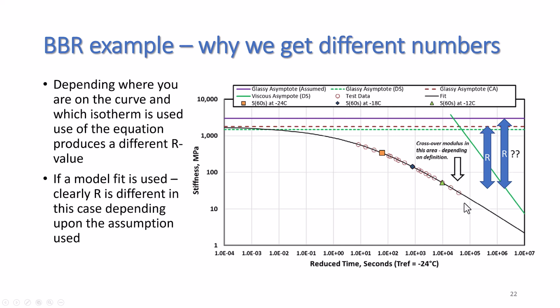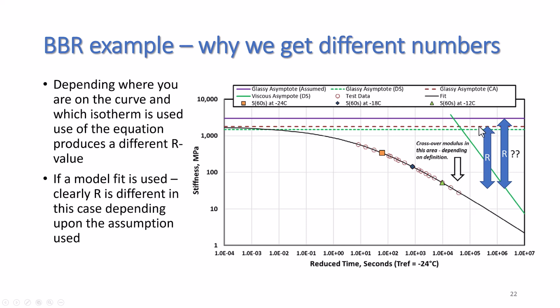The crossover modulus is going to be a little bit lower, so the crossover modulus would be somewhere around about here. So depending on the extrapolation, this one would extrapolate just a short bit to the crossover, this one would extrapolate a bit further, this one would extrapolate even further. And we have to remember that the R value is this difference between the crossover modulus and the Glassy modulus.